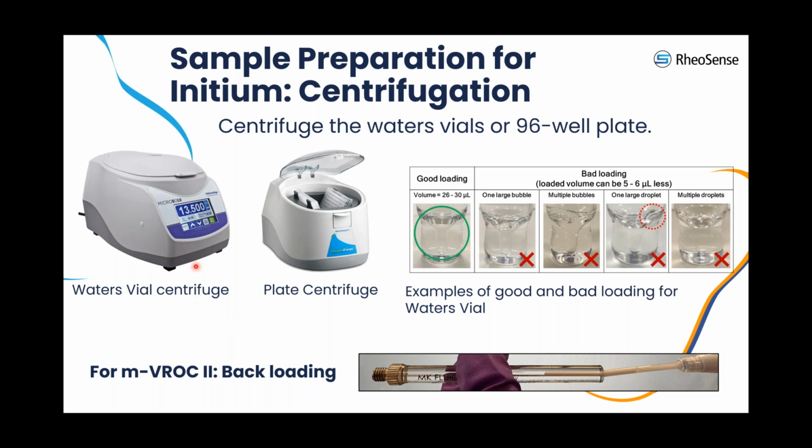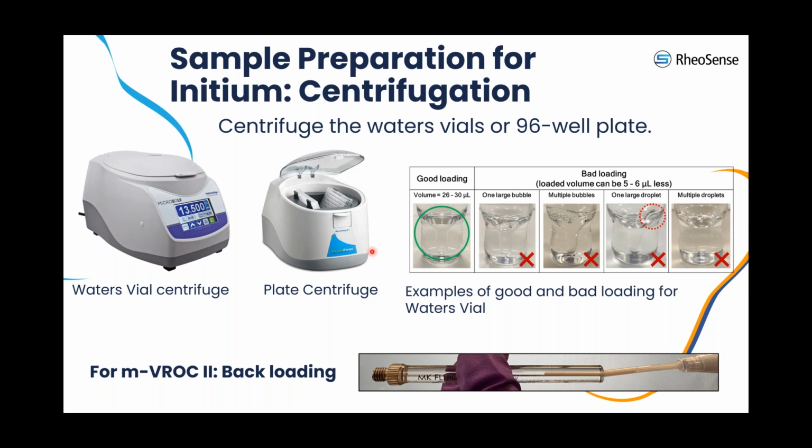This is a valuable tool for removing bubbles from your vials. If you are using the Initium, we highly recommend using the centrifuge to eliminate any air gaps or bubbles in the vial. Similarly, if you are working with a 96 well plate, there is a plate centrifuge available to help remove any bubbles from the wells.